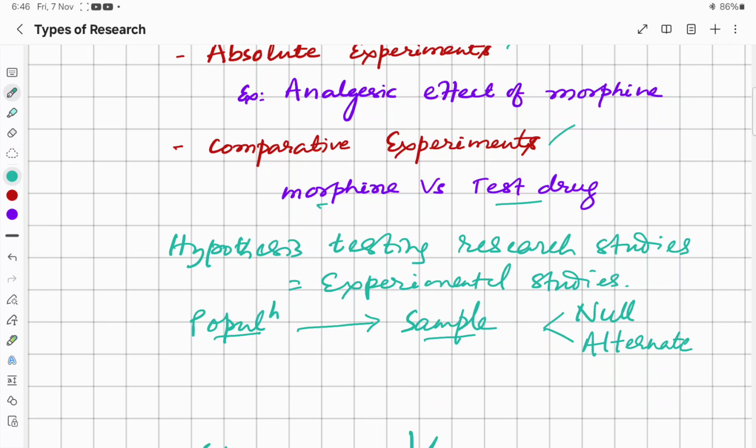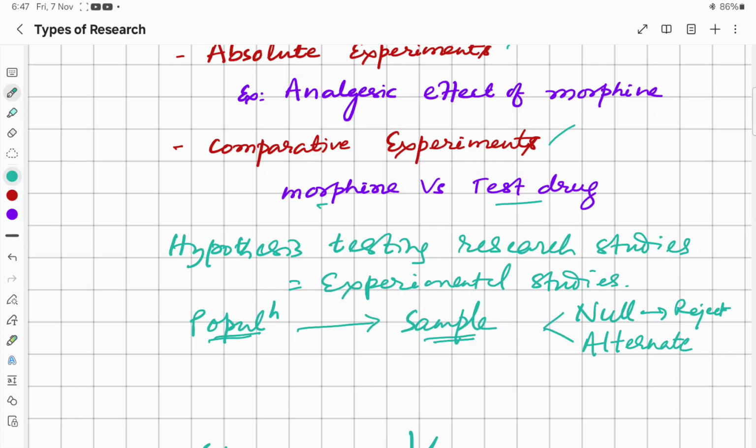So for experiment, we take a sample from the whole population and do the test, and then we get the data, we use the statistics, and finally we will either accept or reject the hypothesis. Suppose we take the null hypothesis, then if we reject the null hypothesis, that means there is a positive result. Suppose the drug is having significant activity.